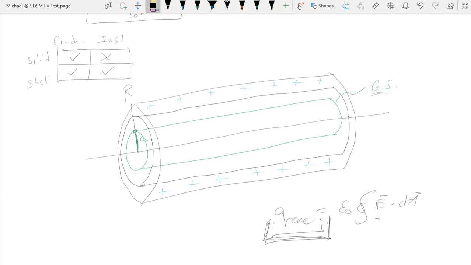The one thing that's going to change is if we try to enter a uniformly charged insulating solid.